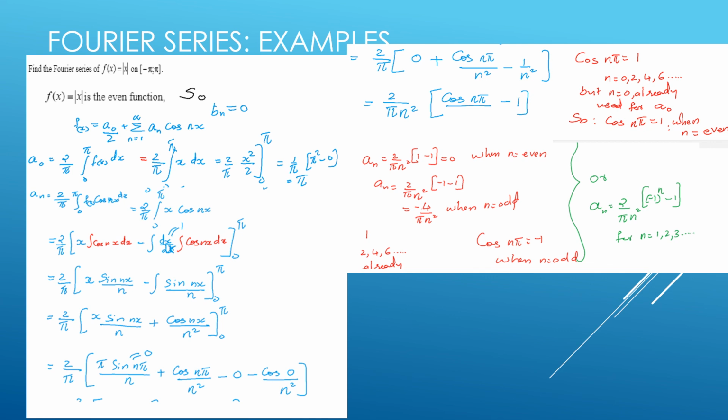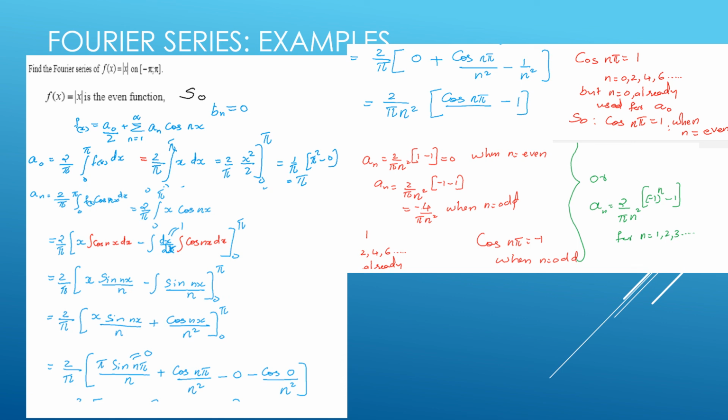Then cos 0 divided by n square. Minus of minus becomes plus. So cos 0 by n square is 1 by n square. So 2 by pi, minus cos n pi by n square plus 1 by n square. So 2 by pi n square, minus cos n pi plus 1.